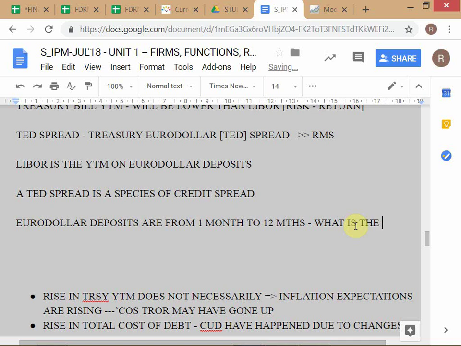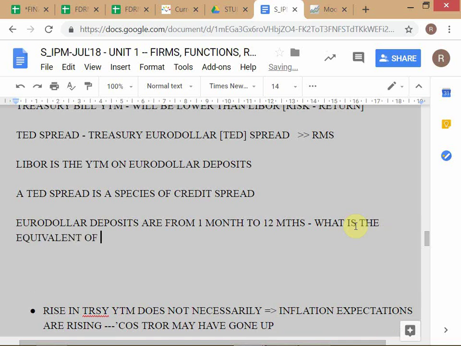The question is what is the equivalent of the euro dollar deposit yield curve for longer maturities?